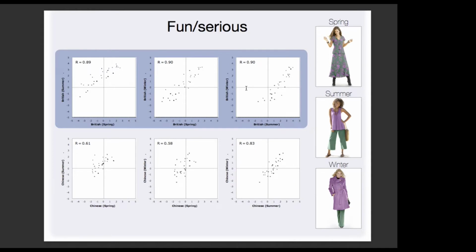All of the top 3 graphs show a high correlation between spring versus summer, top left, between spring and winter, top middle, and between summer and winter, top right. However, in the Chinese data, only the styles between summer and winter, the bottom right, seem to have a high correlation.